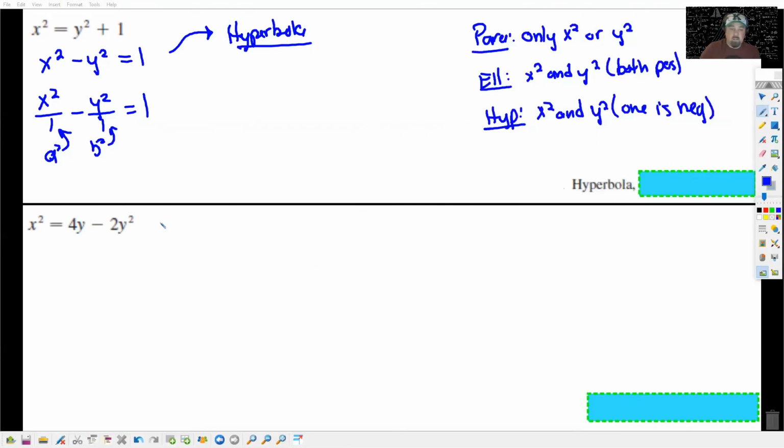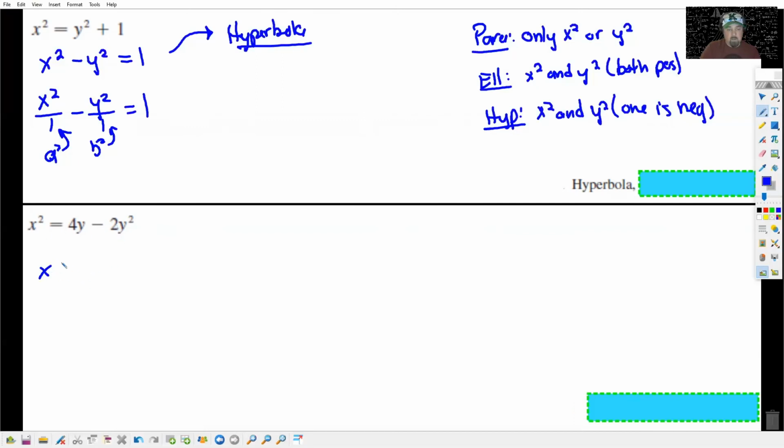What about the second one? When we look at this, we've got x squared equals 4y minus 2y squared. Now, right at the beginning of this, we see an x squared and a negative y squared. We would say, wait, that's got to be a hyperbola because one of them's positive, one of them's negative. But the same thing that we had up here happens again. We've got to get the x's and the y's on the same side.